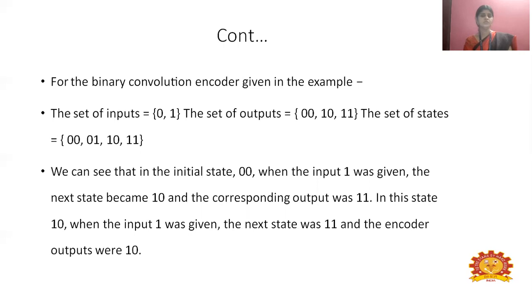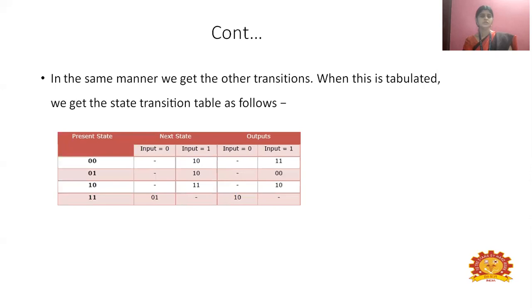In the state 1, 0, when the input 1 was given, the next state was 1, 1, and the encoder output was 1, 0. In the same manner, we will get the other transitions.